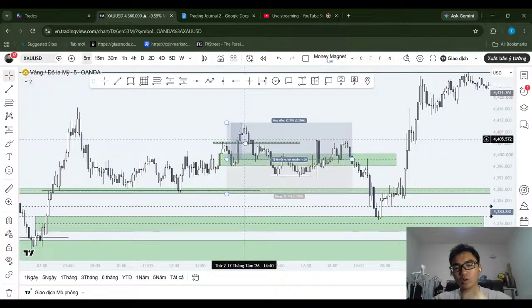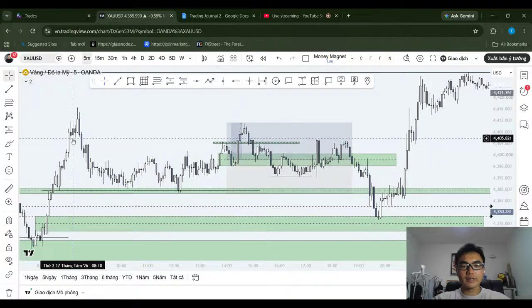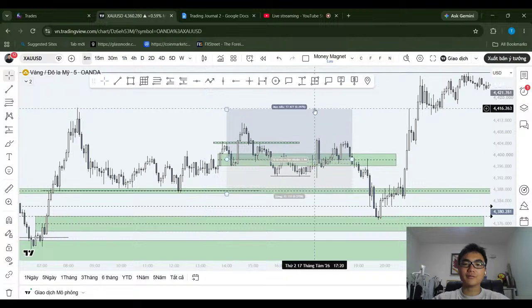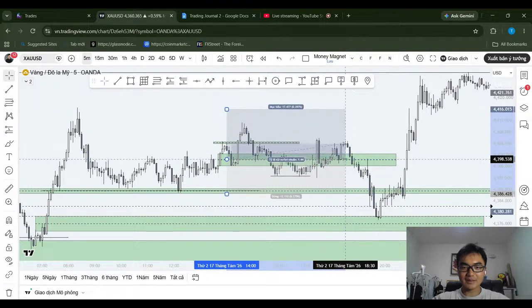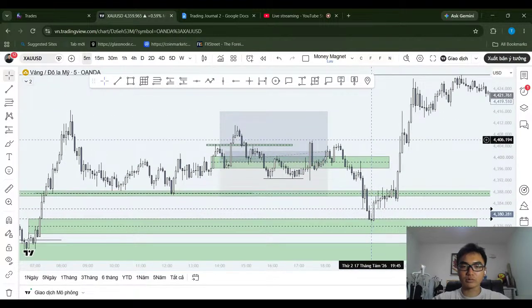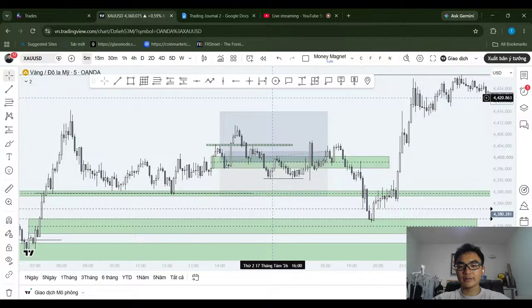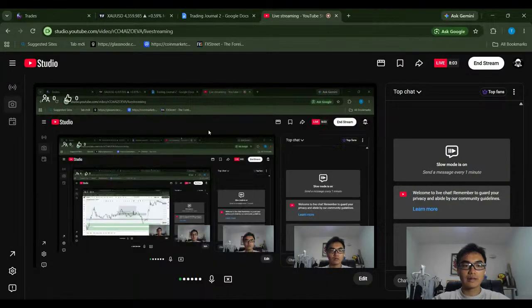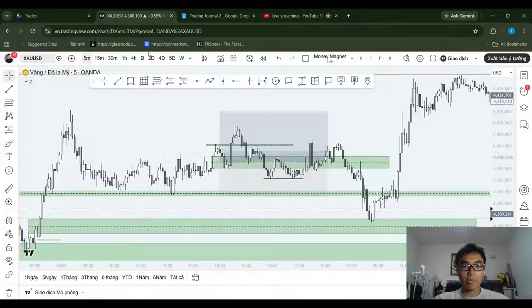That is very good, but the key is I expanded the trade to reach a better ratio. That is the main reason I lost on this trade. And the next reason is I didn't set break even. That's the reason why I lost.